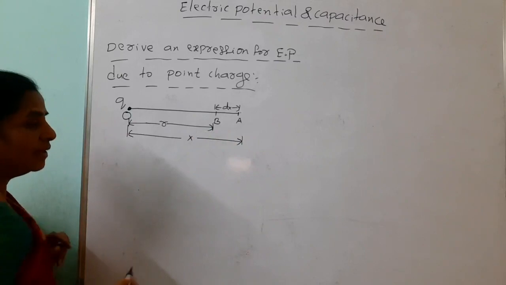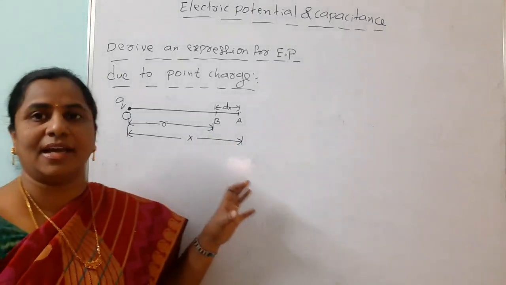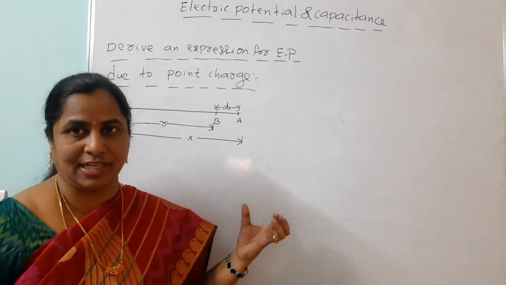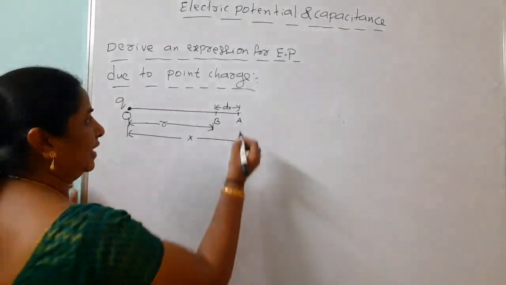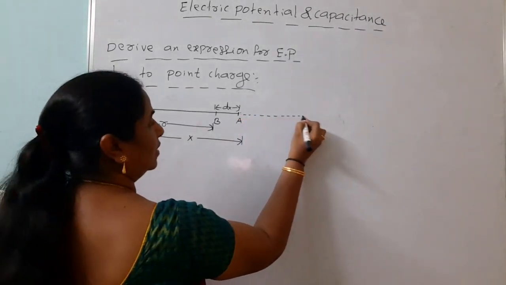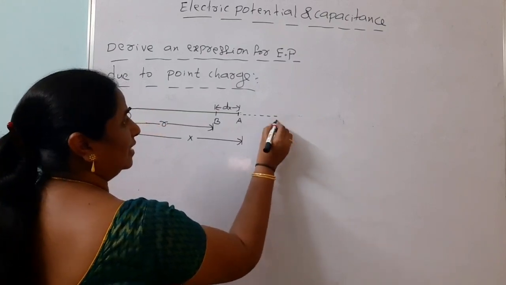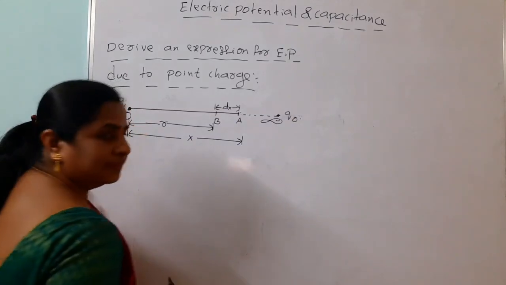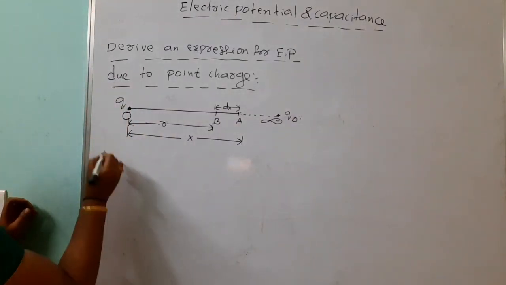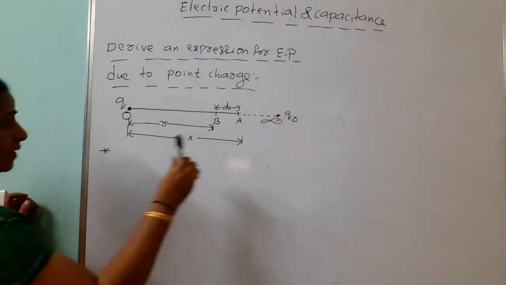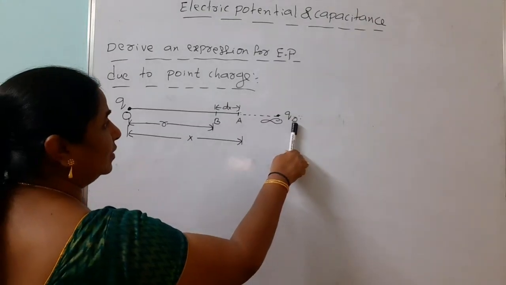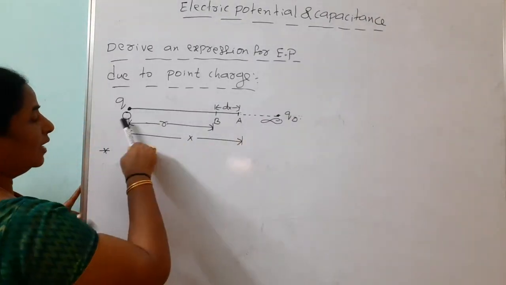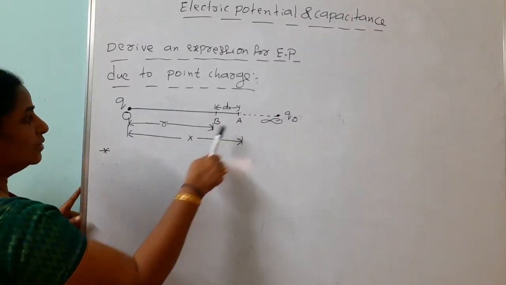Just now I said what is electric potential? The amount of energy required to bring the unit positive test charge from infinity. So we are taking one unit positive test charge from infinite distance, that we can take it Q0. Don't confuse here. Look, now we feel this unit test charge is at point A. Then what is the distance between these two? x.